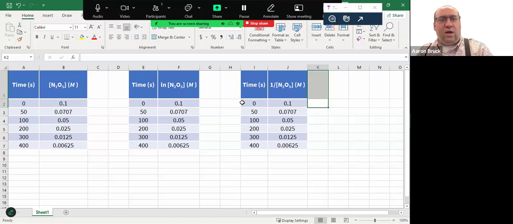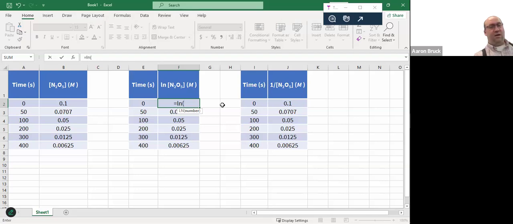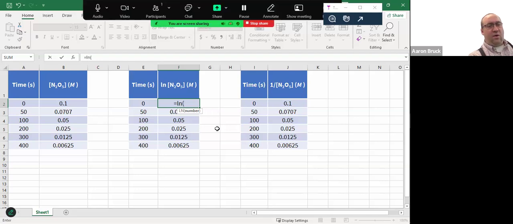And so if you don't remember how to do calculations in Excel, just remember it's equals. And then we type in the function. So natural log would be ln, parentheses. And then instead of inputting the number, which would basically be calculating it by hand, we're going to select that cell.